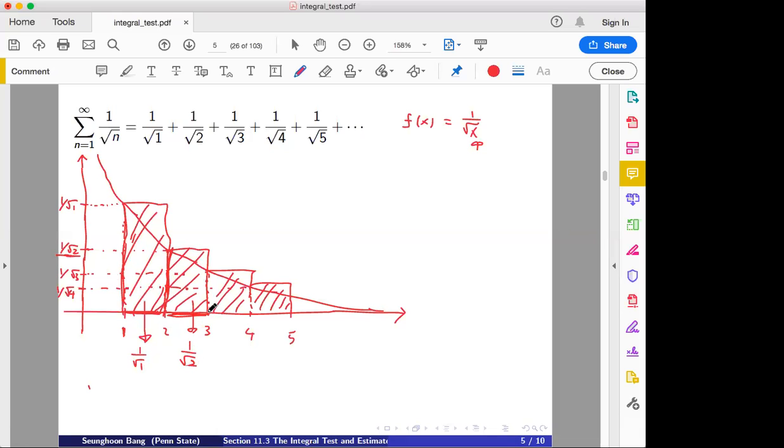With this, 1 times the length is exactly 1 over root 3, so 1 times 1 over root 3 is 1 over the square root of 3. Here, 1 over the square root of 4, the same. You can add all the rectangles.